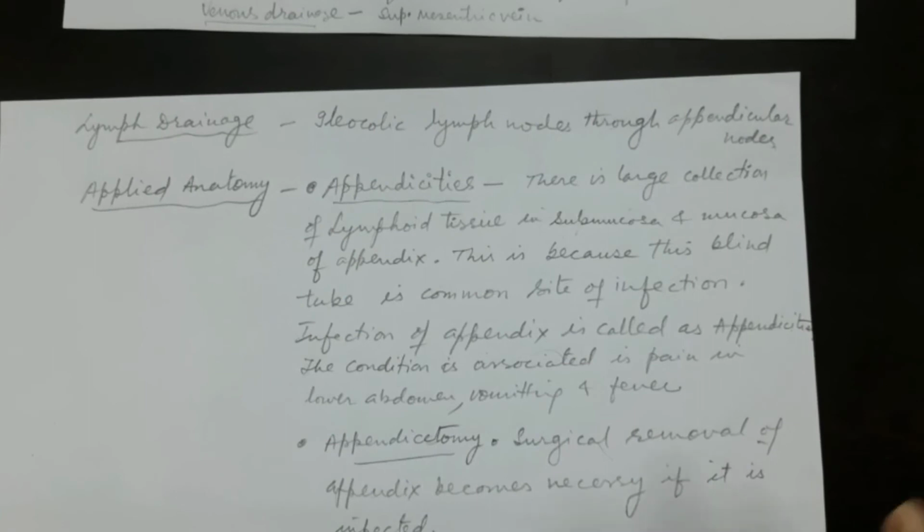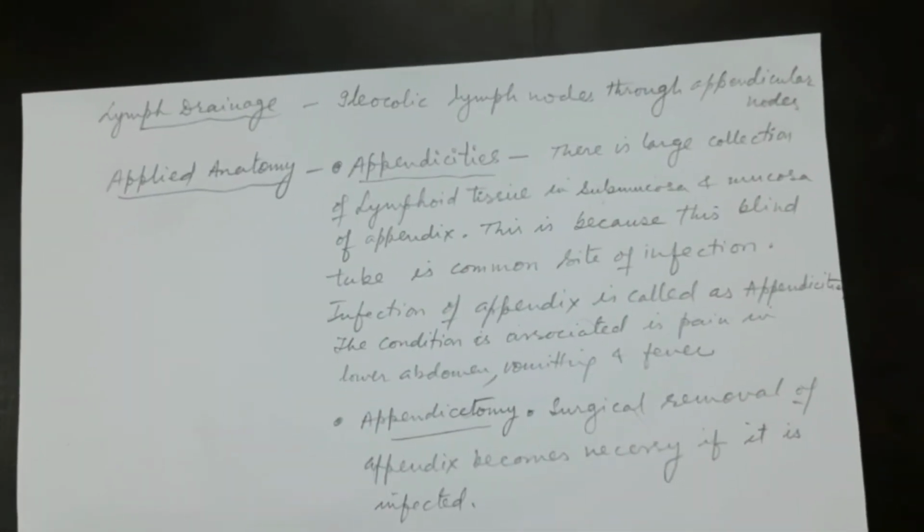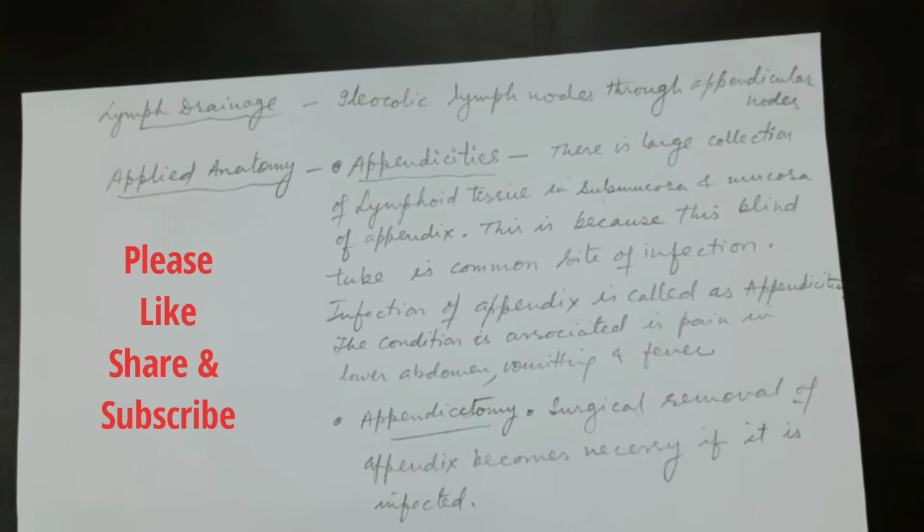Now, what is the applied importance of the appendix? Not only is it a most important organ surgically, it is also important anatomically. Appendicitis is important because the appendix frequently shows inflammation.